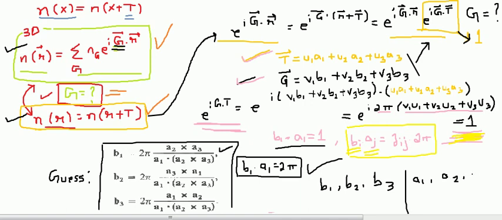Similarly, a1, a2, a3 will span the entire 3D real crystal. Whereas b1, b2 and b3 are the vectors that will span a hypothetical or imaginary Fourier crystal related to the real crystal.